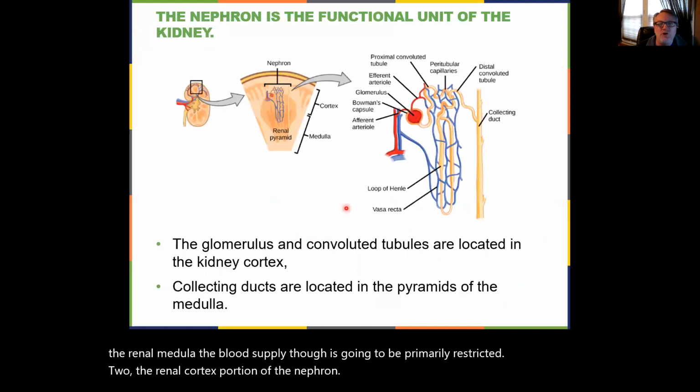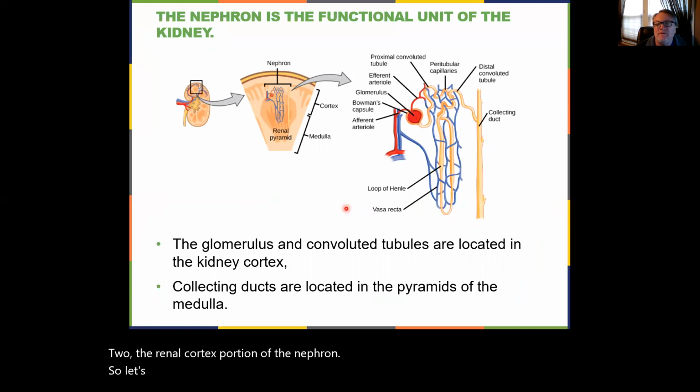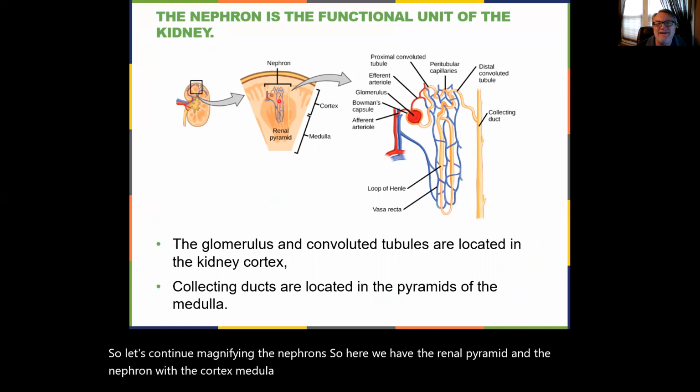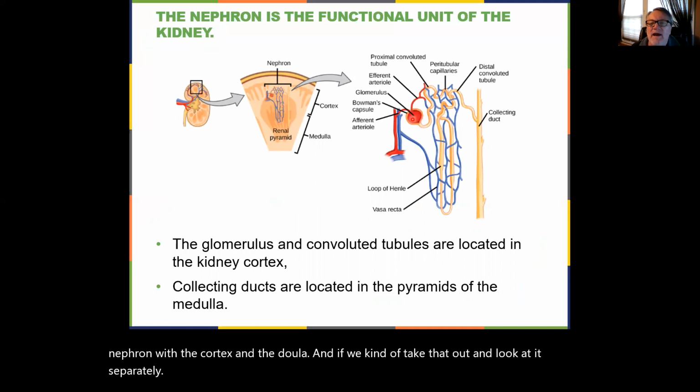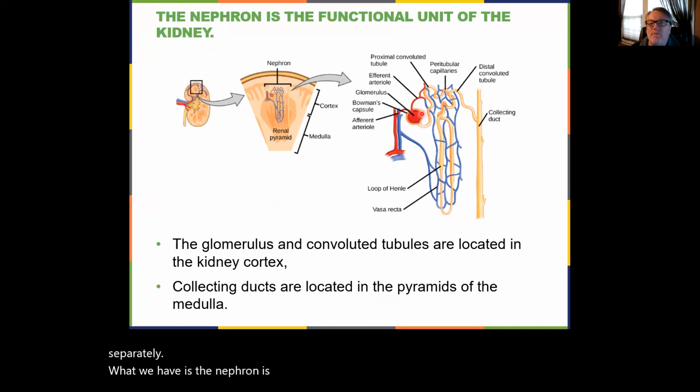So let's continue magnifying the nephrons. So here we have the renal pyramid and the nephron with the cortex and medulla. And if we take that out and look at it separately, what we have is the nephron shown in yellow here.